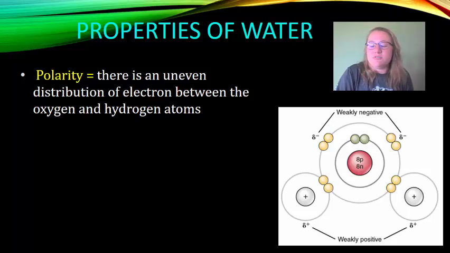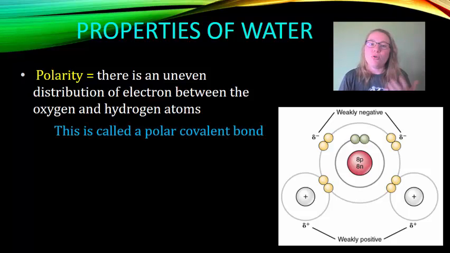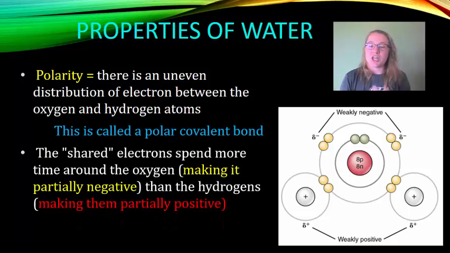But in this process of sharing, the oxygen tends to be a little bit grabby and hold the electrons a little bit closer than the hydrogen can, and that results in a polar covalent bond. So the shared electrons tend to spend a little bit more time around the oxygen atom than they do around the hydrogen atoms.